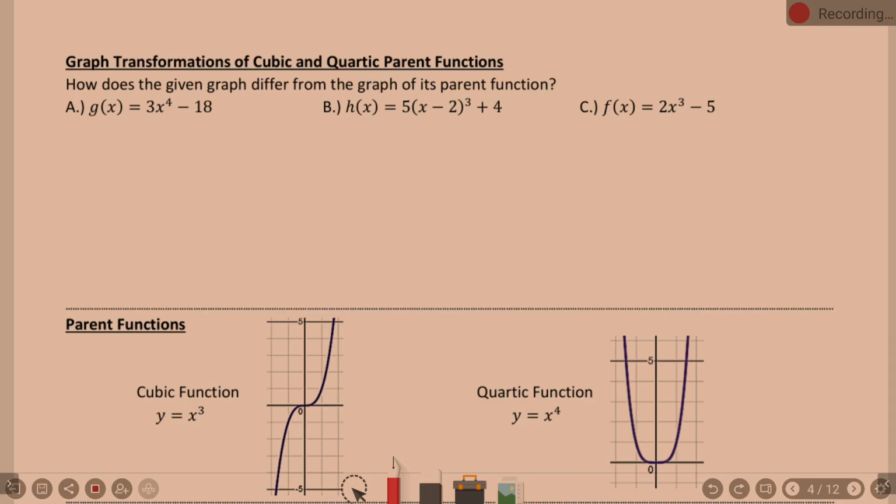Now, how well do you know your transformations at this stage of the game? Back in topic 1, you had a green paper that had your list of transformations on it. Back in topic 2, you had a blue paper that had the list of transformations on it.